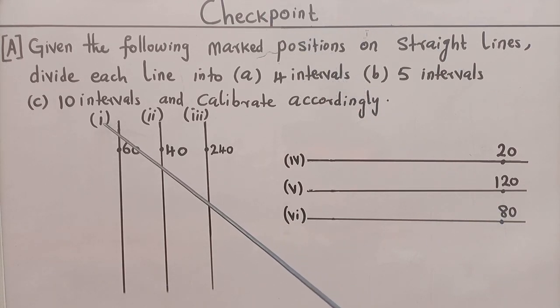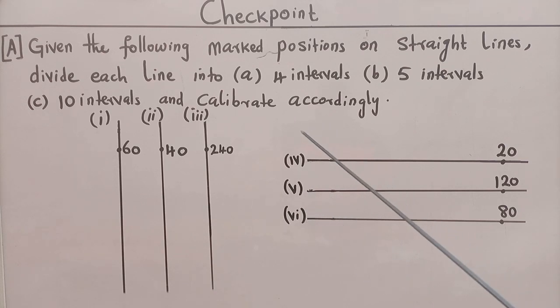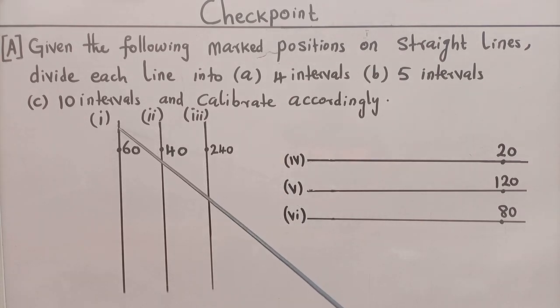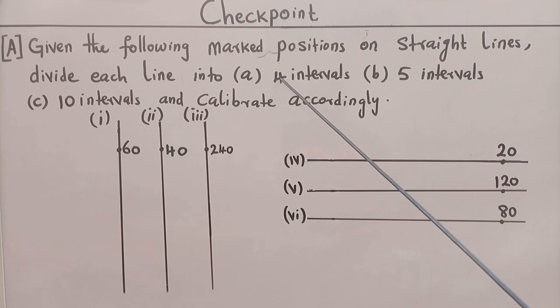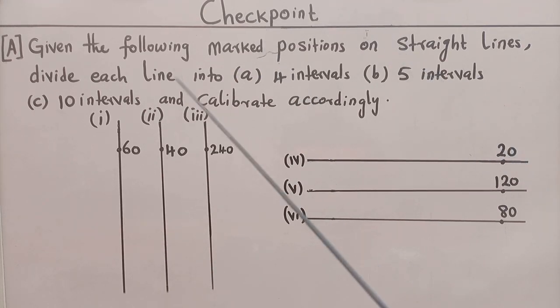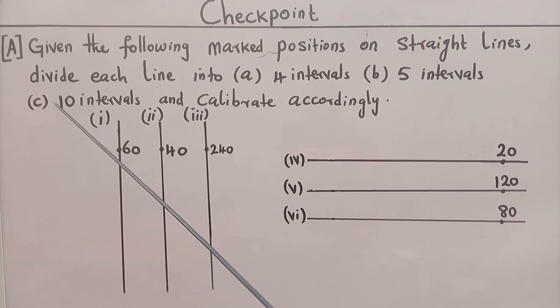These are those lines: line I, line II, line III, line IV, line V, and line VI. What it means is that when you come to this line I, divide from here to here into 4 and calibrate. The same into 5 and calibrate. The same into 10 and calibrate. Do the same thing to all other ones that come after it.